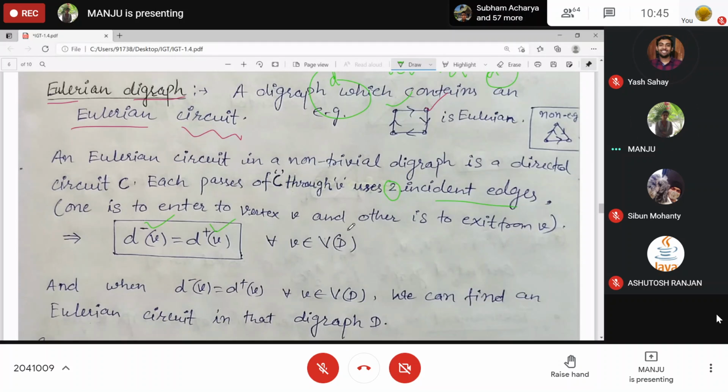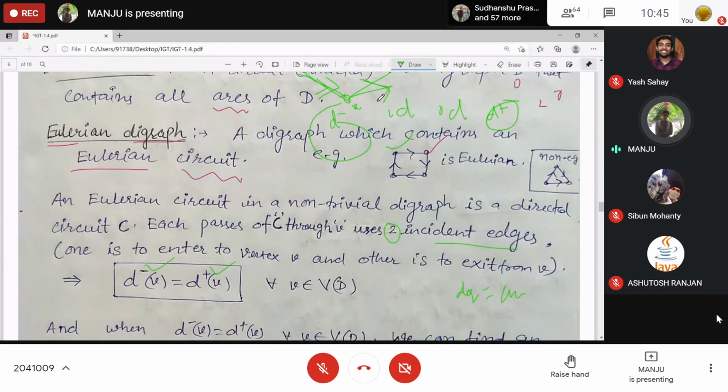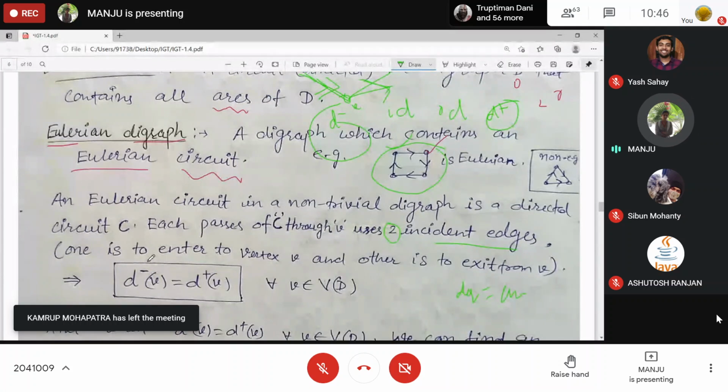Yes, ma'am. In the simple undirected graph, the degree of every vertex was even. Why? Because here whatever in degree and out degree we were counting, we were counting both now. That's why it was even. Here it may be anything. For example, in this case, it is one in degree, one out degree. But the condition is whenever it is coming to the vertex, it has to exit. So in degree will always equal out degree.